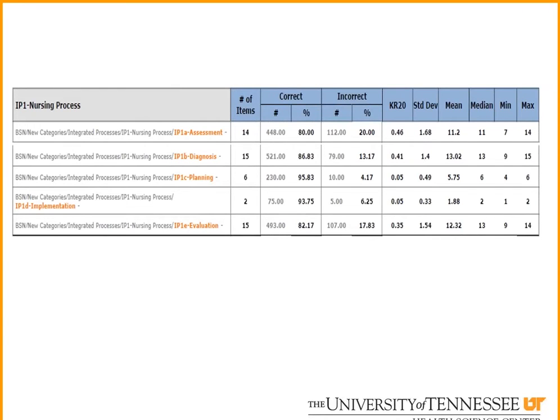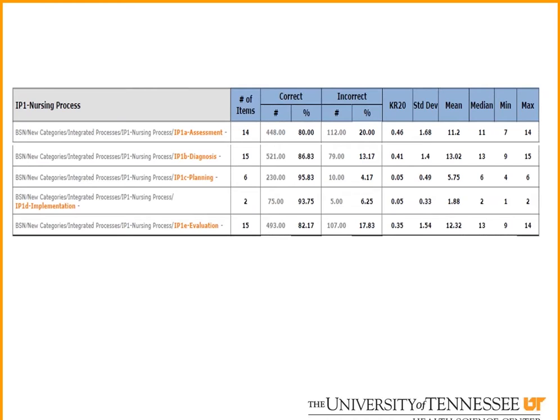In this particular report, I looked at the nursing process. You can see that on this exam, for assessment, I had 14 items. For diagnosis, I had 15. Planning 6, implementation 2, and evaluation 15. When you think about pathophysiology, implementation is not a big part of it.